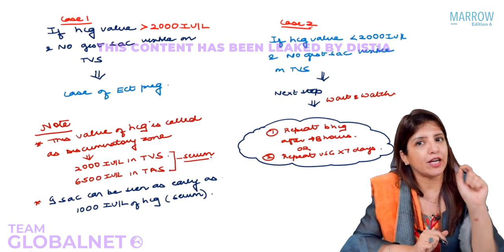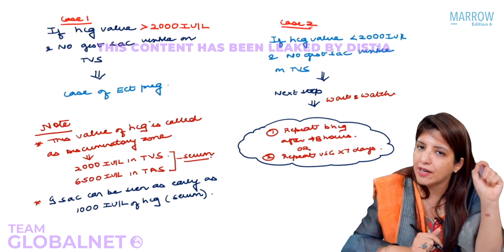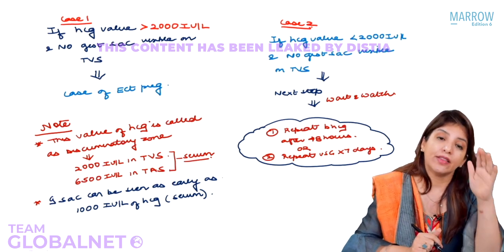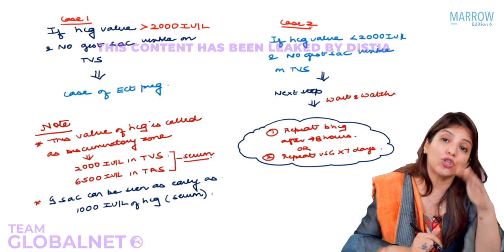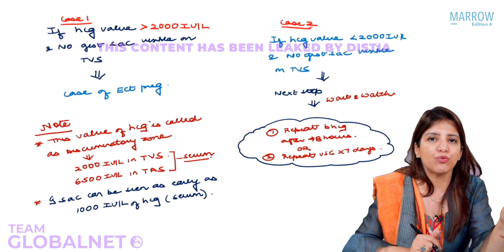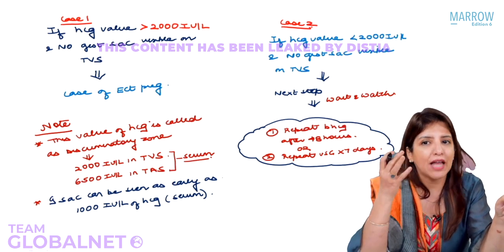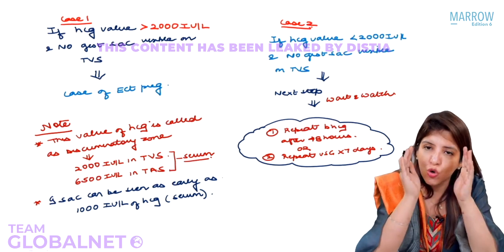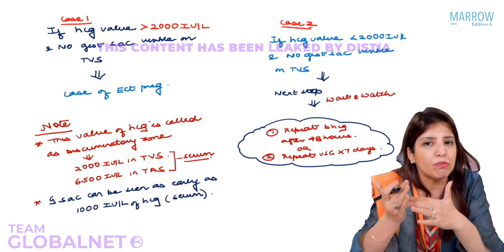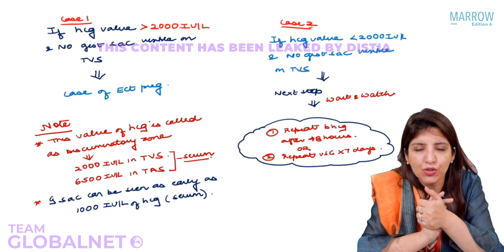If it is a case of intrauterine pregnancy and the levels of HCG are more than 2000 international units, then 100% on TVS you should be able to see a gestational sac. If levels are more than 2000 and you are not seeing a gestational sac on TVS, that means implantation has not happened in the uterus and has happened elsewhere, which means it is a case of ectopic pregnancy. Have you understood this?